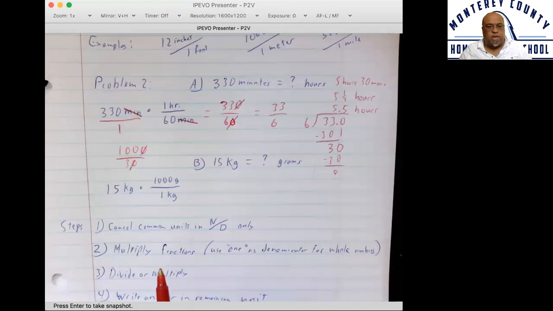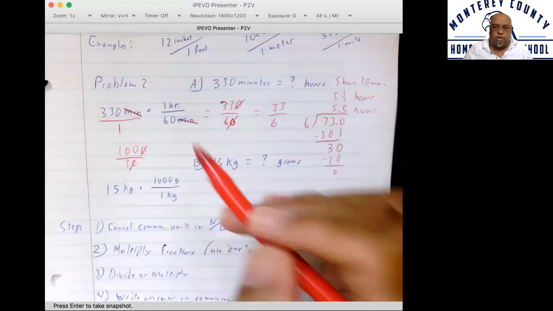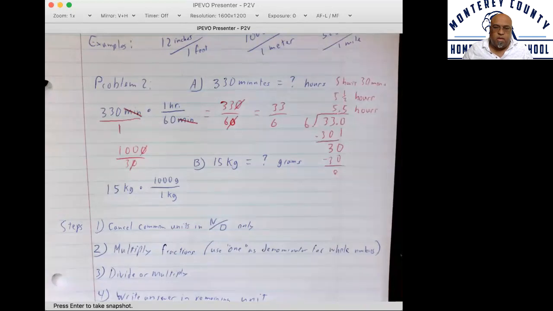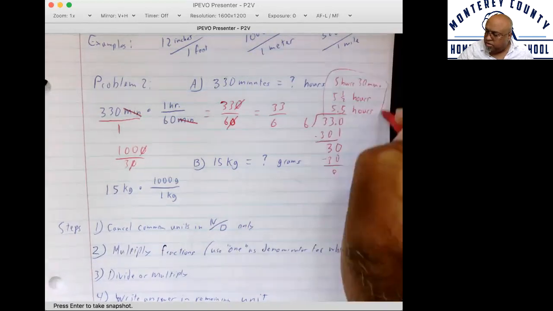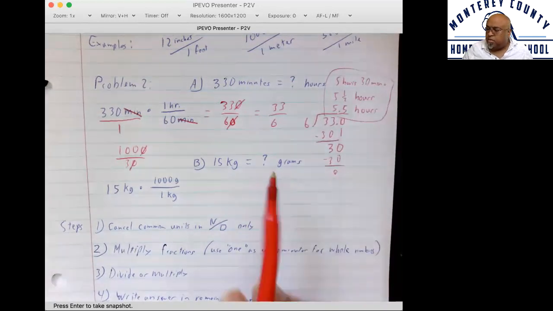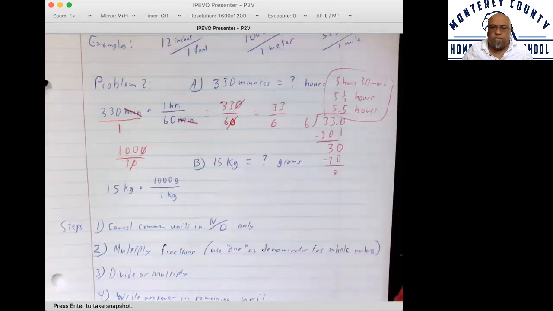The reason I can't cancel those zeros is because they're not common in terms of the top to bottom ratio here. Hopefully that makes sense. Okay, so I want you to see how we got the answer here. Again, 330 minutes is equal to 5 hours and 30 minutes, or 5.5 hours.